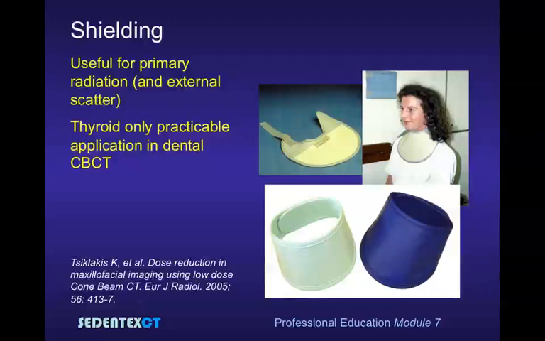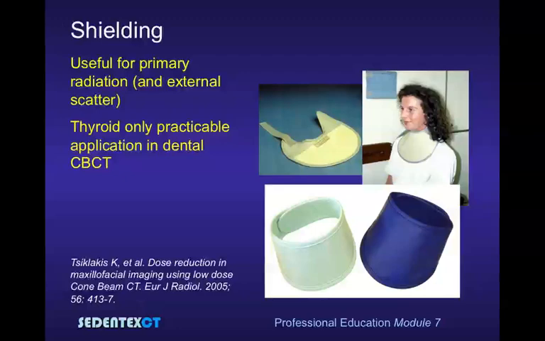Finally, in terms of patient optimization, the use of lead shielding. Lead shielding is useful for primary radiation and potentially for external scatter. However, in dental cone beam CT, probably the only practicable application is protection of the thyroid gland, and you see here some different designs of thyroid shields.